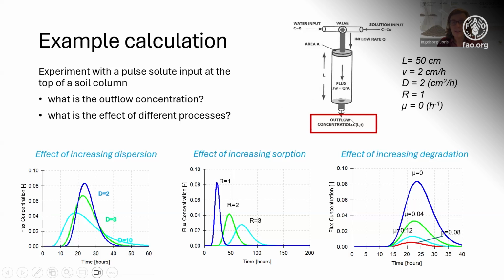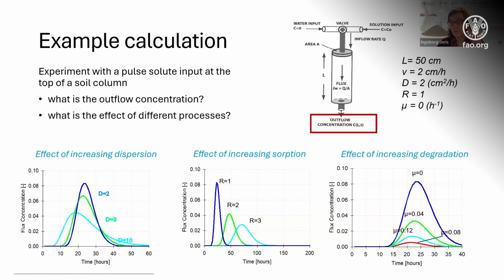And what do we see then at the outflow? And how does this look if some of the processes are more or less important? That's what we see at the bottom. We have our standard parameters listed here at the side. Let's say you have a column that is 50 centimeters long.